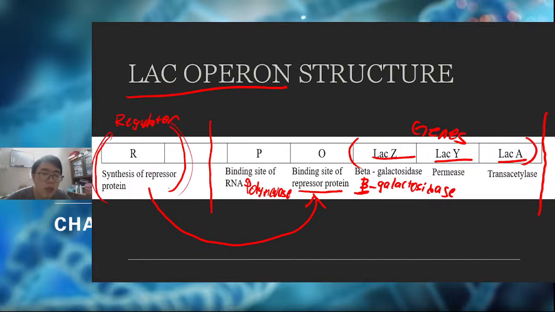That is why you see a break here in the diagram. The distance between the regulator and the promoter is very far. The promoter, operator, and structural genes are normally close together, but the regulator is upstream of the promoter, very far away. There is a lot more DNA sequence in between. So that is why the regulator is not involved in the operon system.